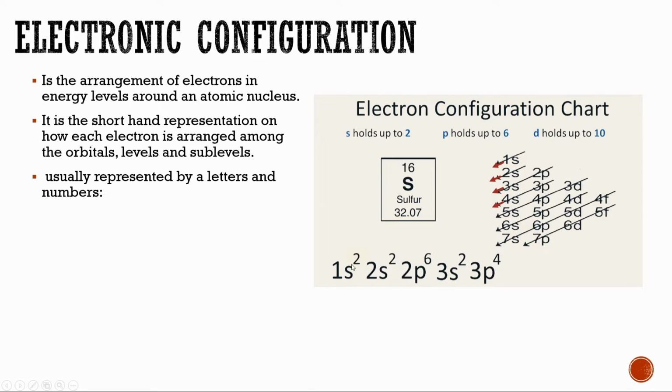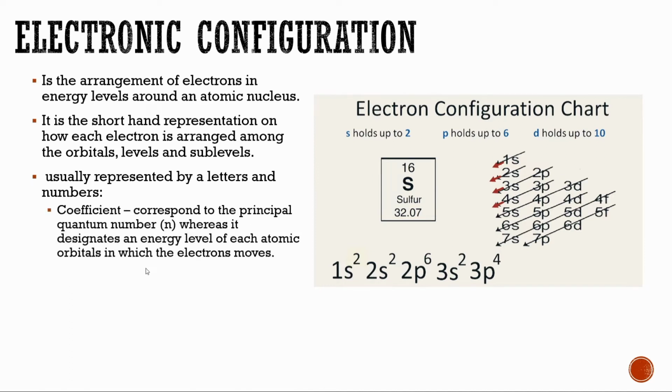Kasi if we are going to add all of these electrons, it will be equal to 16. Okay? So, ito po ang electronic configuration ng sulfur. 1s2, 2s2, 2p6, 3s2, and then 3p4. Okay? Simple as that. Nasulat na natin agad ang electronic configuration ng sulfur.